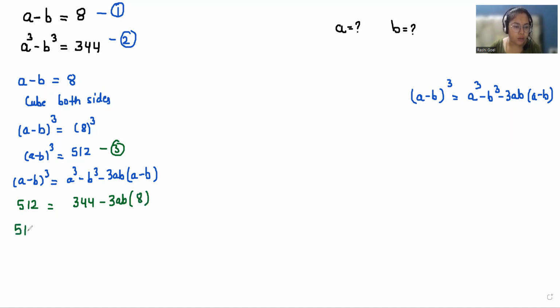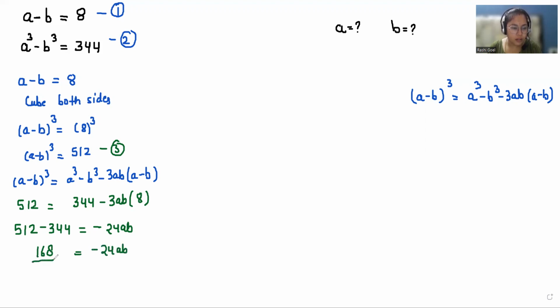So 512, if I take this 344 to the other side, it becomes negative, is equal to negative 3 times 8, which is 24, ab. Now if I'm subtracting 344 from 512, I get 168 equals minus 24ab.